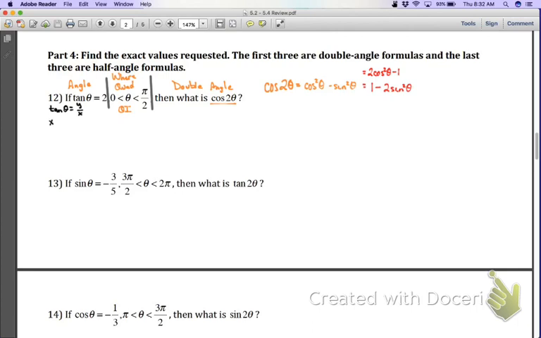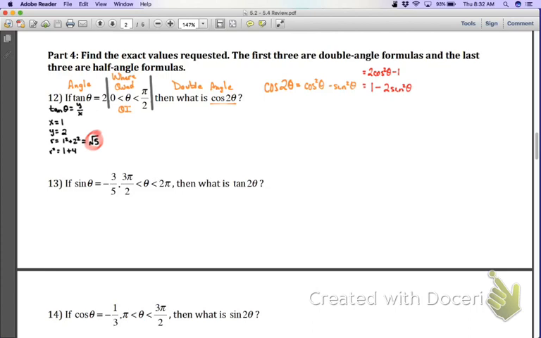So y is 2, x is 1, and I've got to find r. To find r, it's 1 squared plus 2 squared. So 1 plus 4 is equal to r squared, so r is the square root of 5, because I had to take the square root of 1 plus 4.